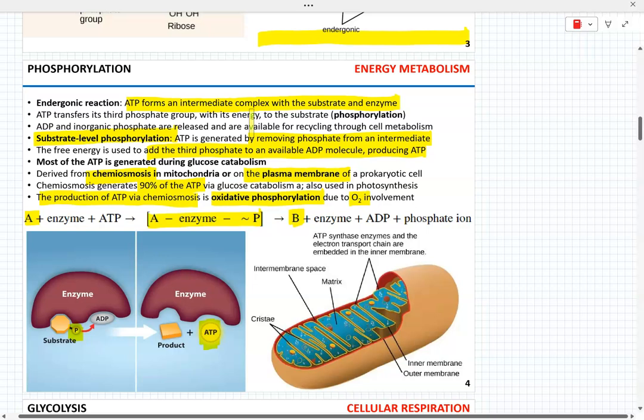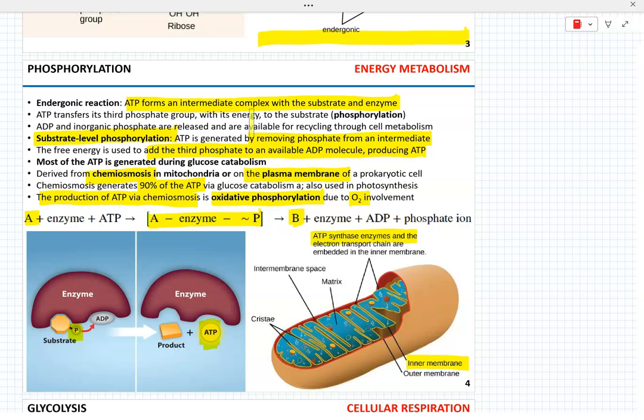Oxidative phosphorylation, mediated by the enzyme called ATP synthase, is carried out on the inner membrane of mitochondria. Another component of the respiratory pathway, electron transport chain, is also located on that membrane.